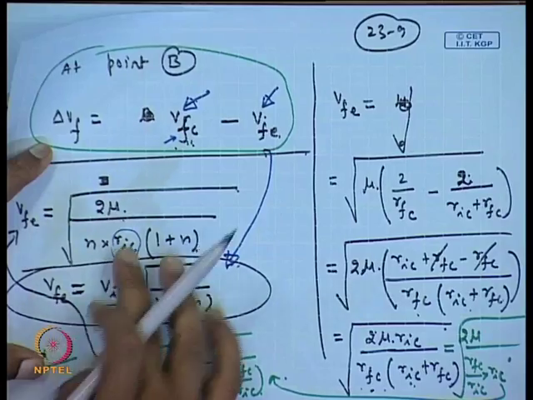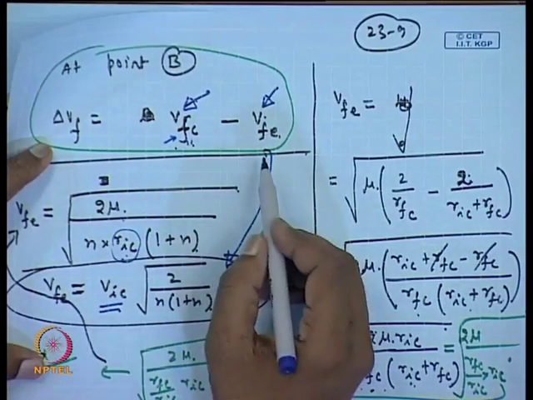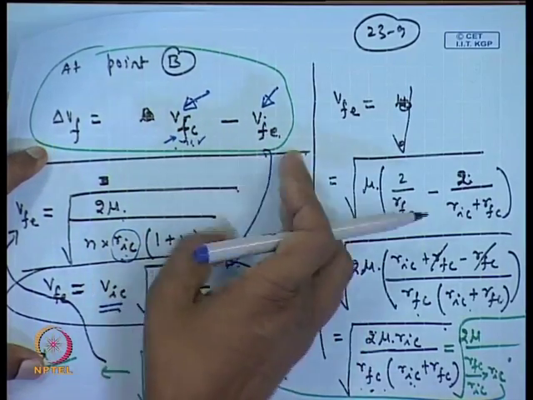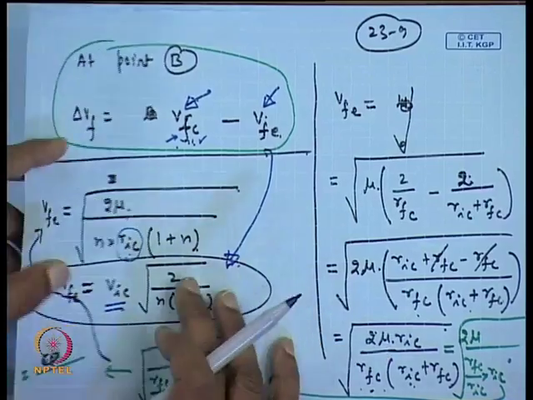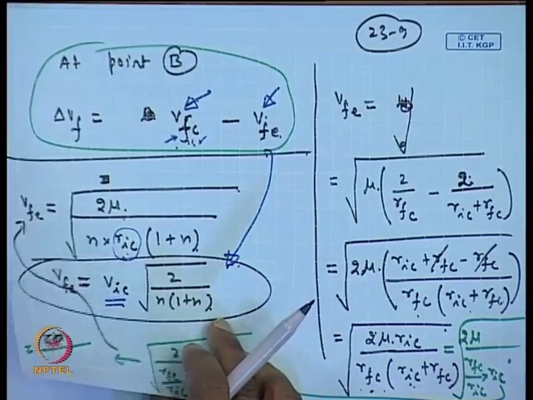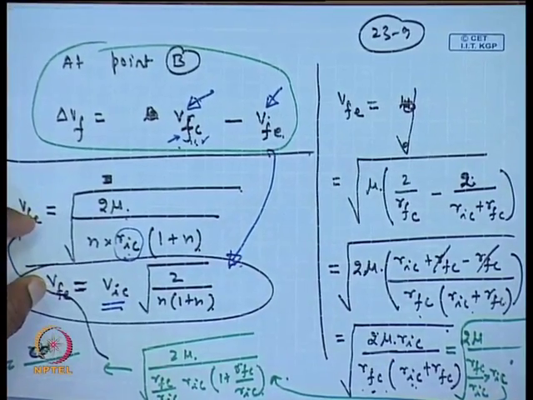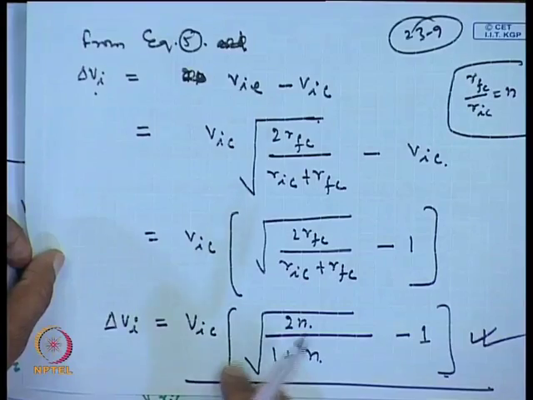If that happens, then mu by R f c becomes V f c, and then we can take it common and write it in the previous format that we have developed. So, we rework it.